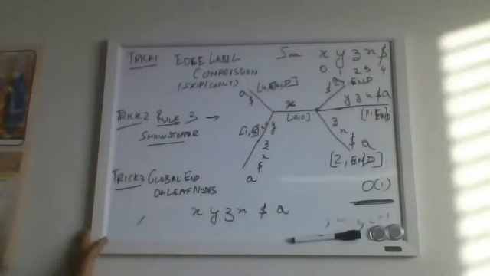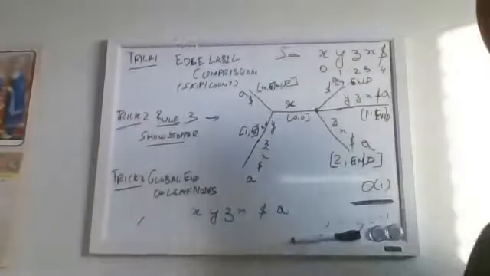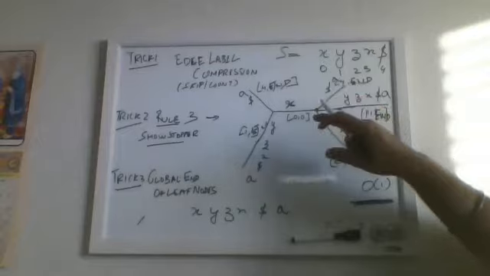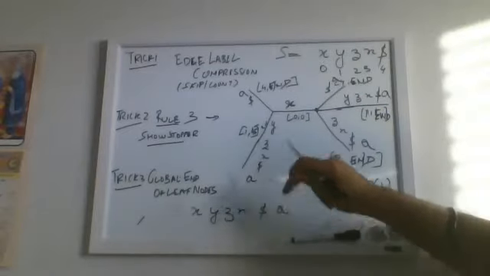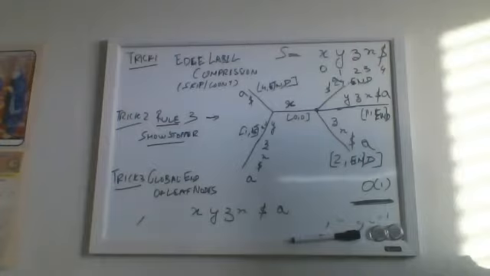I'll explain in more detail as we go down. So the first trick is edge label compression, storing the end values, and rule 3 extension is a showstopper. So these are the 3 tricks.